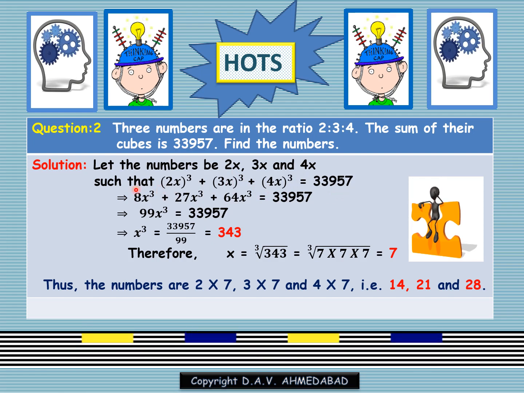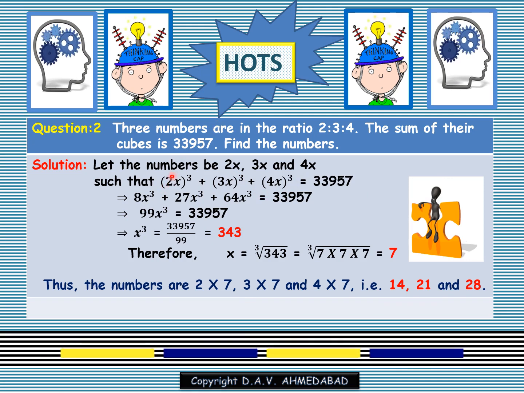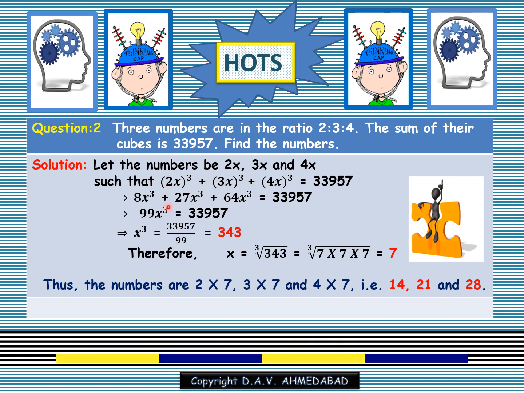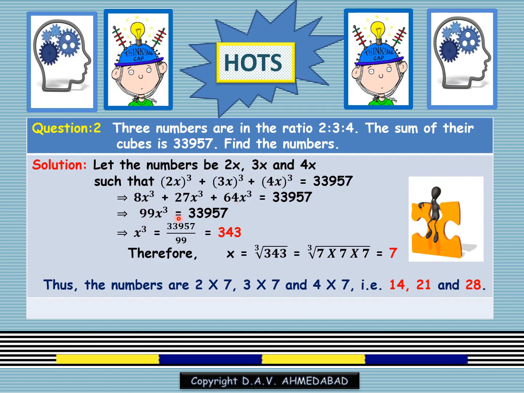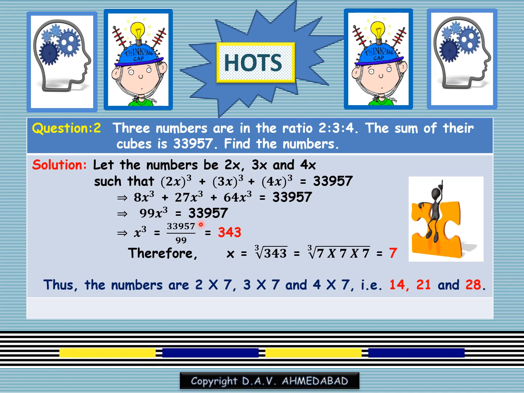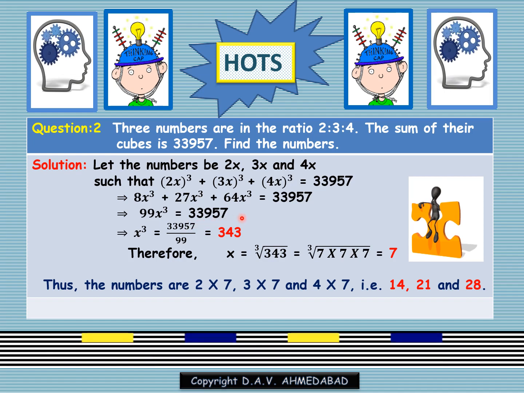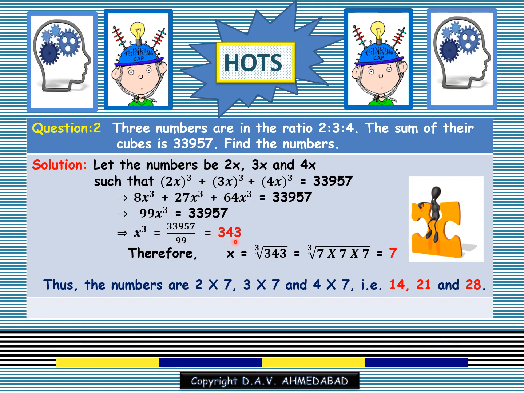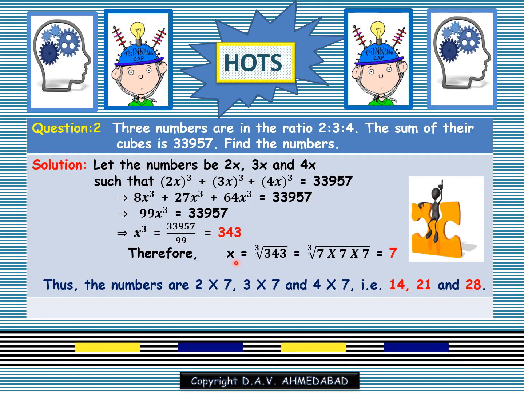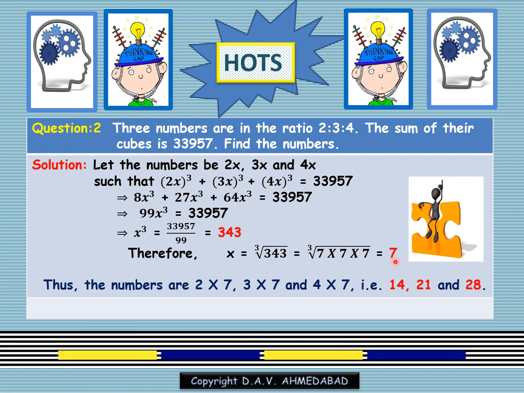Now 2 cube is 8 and x cube is x cube. Now 3 cube is 27 and 4 cube is 64. So we have 99x cube equals to 33,957. Therefore, x cube is 343 and x is cube root of 343 which is equals to 7.